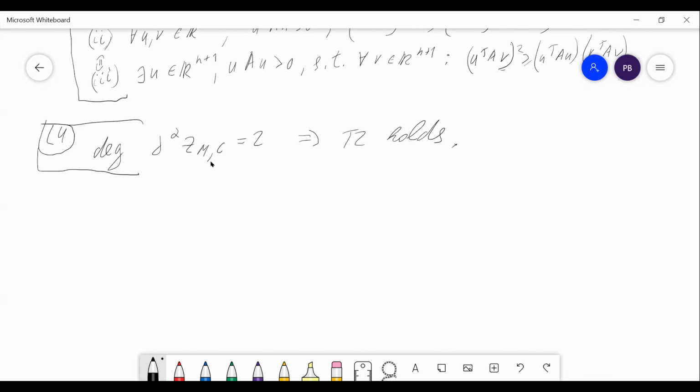So we can actually, if the degree is 2, we're actually only interested in the case we can have something like that.